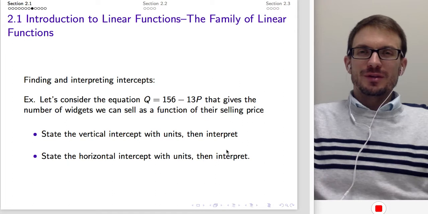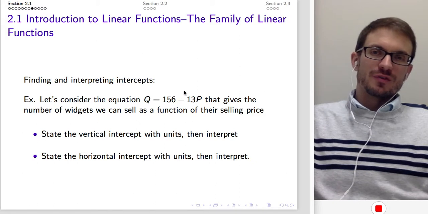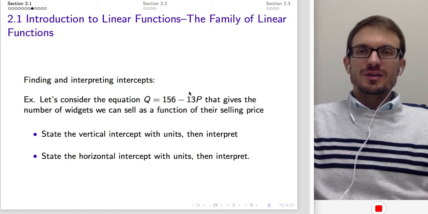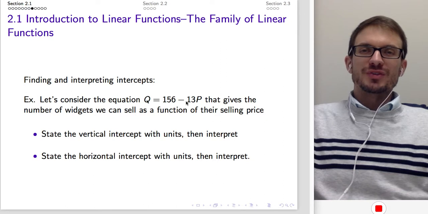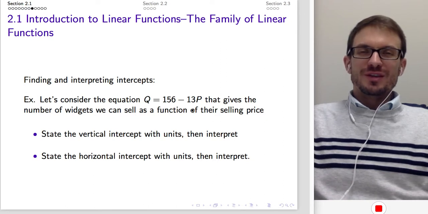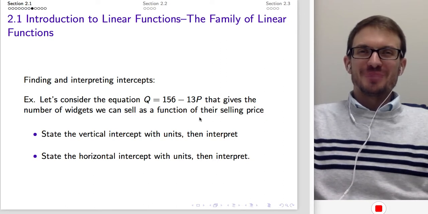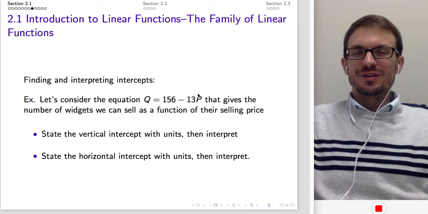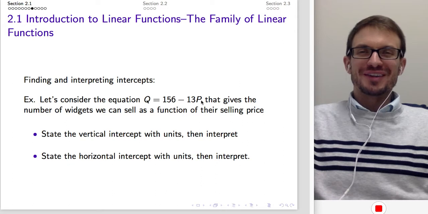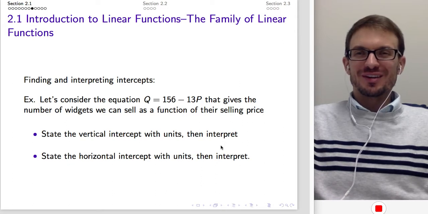Speaking like an economist, we can say that at that point nobody in this market values widgets more than $12. Everybody in the market likes their $12 more than they like the widget.